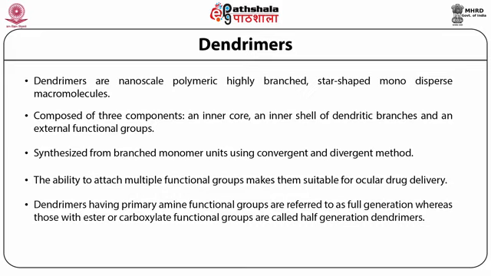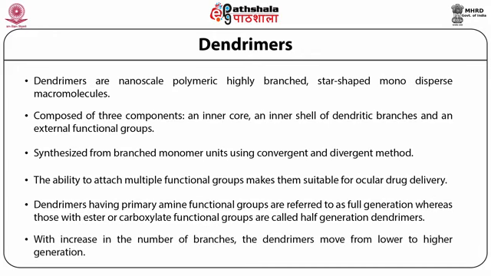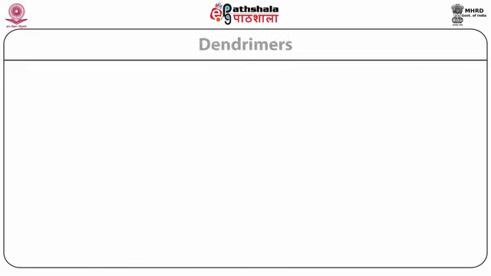Dendrimers having primary amine functional groups are referred to as full generation, whereas those with ester or carboxylate functional groups are called half-generation dendrimers. With an increase in the number of branches, the dendrimers move from lower to higher generation.